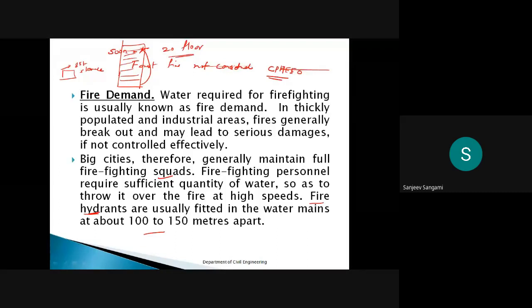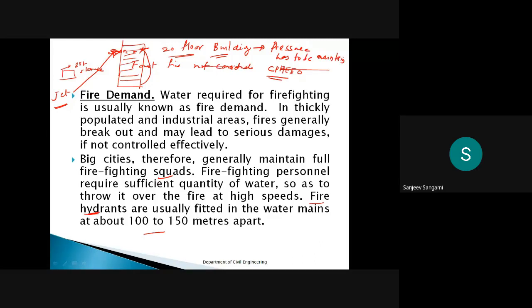The very important thing is that one jet will be there. The jet has to reach even the 20th floor of the building. Then that much pressure has to be maintained.